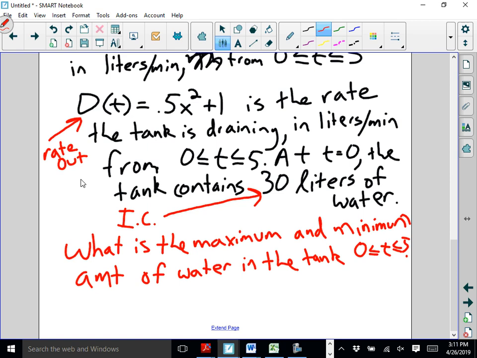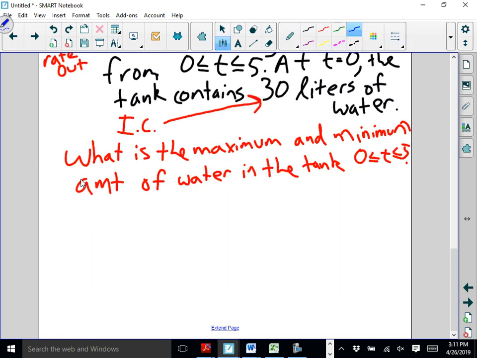So here's what I have. Well, the amount of water at any time t will be our initial condition first. So I'm going to say 30 plus the integral. The other thing to pay attention to here, both of these rate in, rate out, they go from 0 all the way to 5.